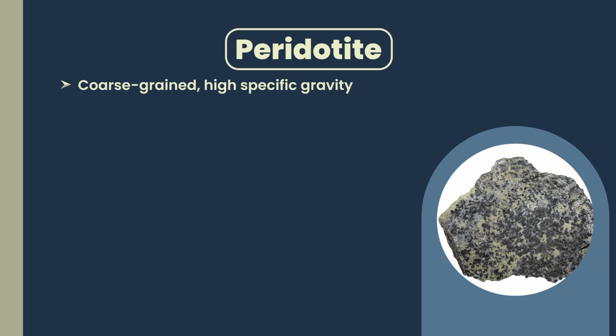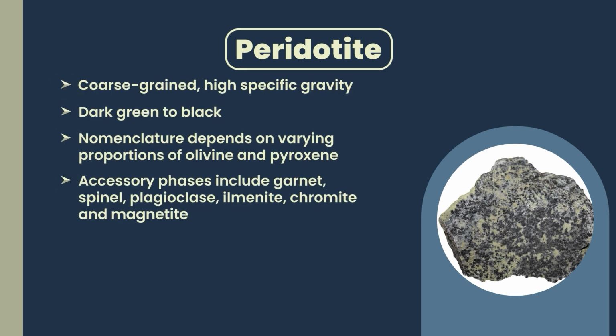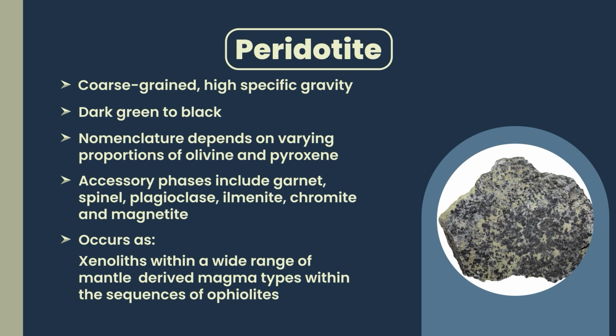Peridotite is the variety of ultramafic in which more than 40% magnesium rich olivine, pyroxenes and hornblende are there. These rocks are coarse grained, and have very high specific gravity. This high specific gravity is because of the presence of iron magnesium rich minerals like olivine, pyroxene and hornblende. All these ions, that is iron and magnesium, have high atomic mass. So, the presence of these ions increases the specific gravity of these rocks.